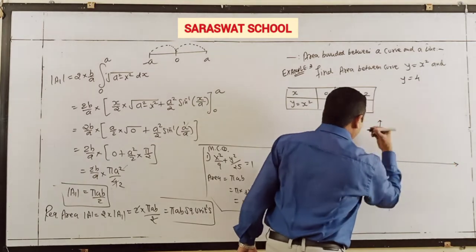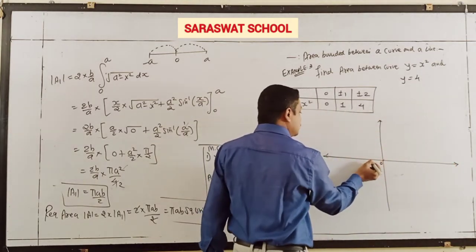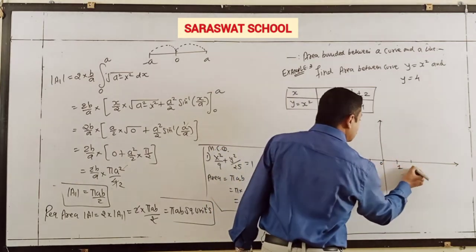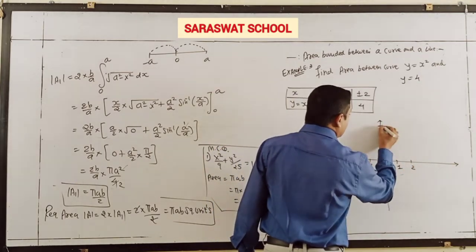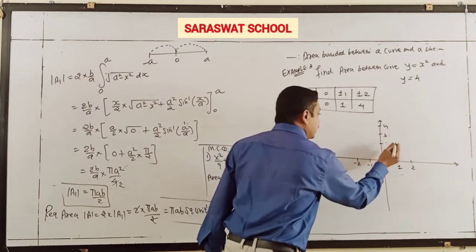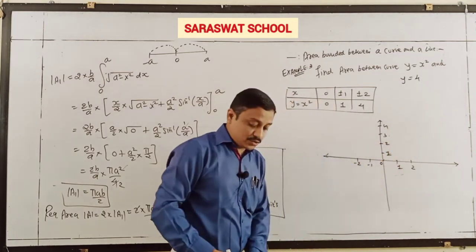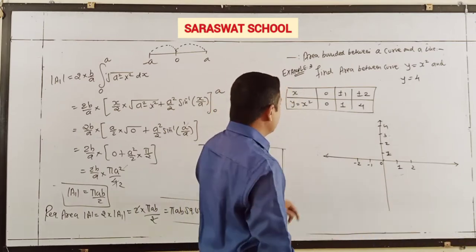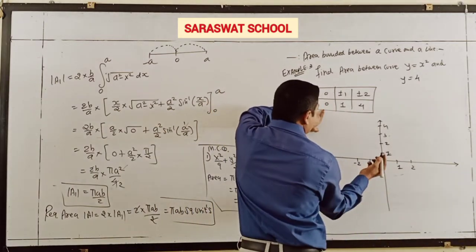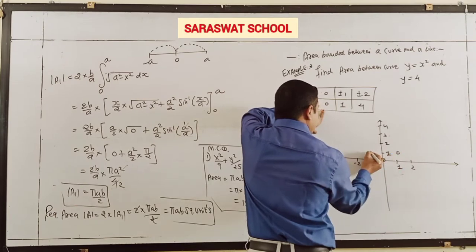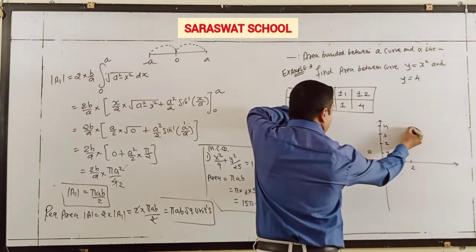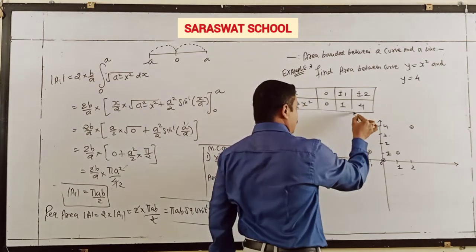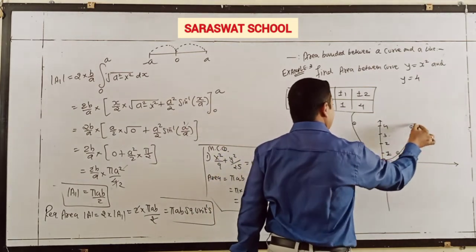Your parabolic curve: if I put here 0, -1, -2, 1, 2, here 1, 2, 3, 4, approximately. But students, drawing is necessary, you can draw first of all. So 0, 0 means here 1 putting, either -1 putting, 2 putting, then 4 here, -2 putting, then also 4 here, and you can draw just a rough figure of this one.